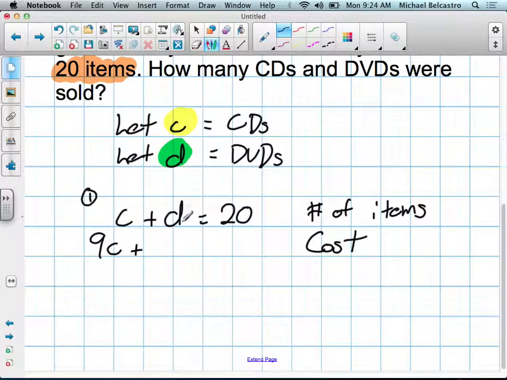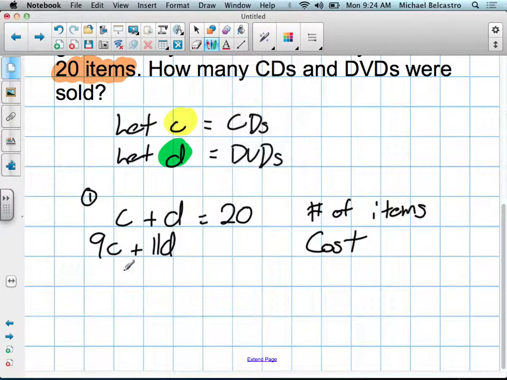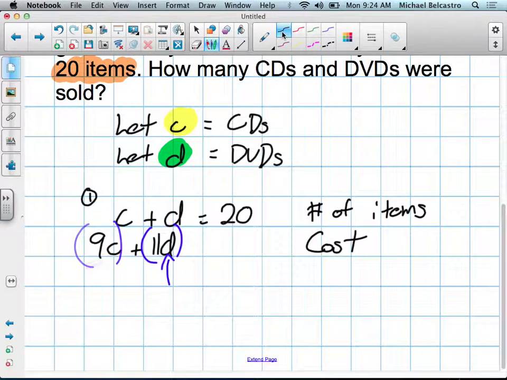And how much for a DVD? $11. So what this is setting up is that the number of CDs times 9 is how much money they would earn from CDs, and the number of DVDs times 11 is how much money they would earn from DVDs. How much money did they earn at the end of the day? $204. Okay. So we've set up our two equations.